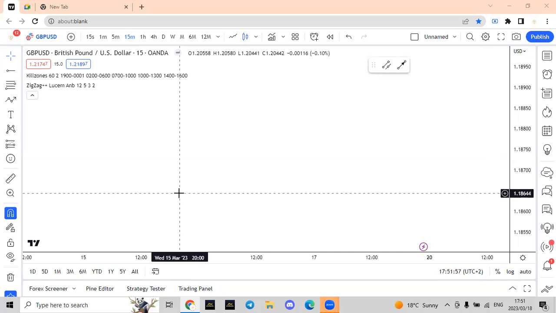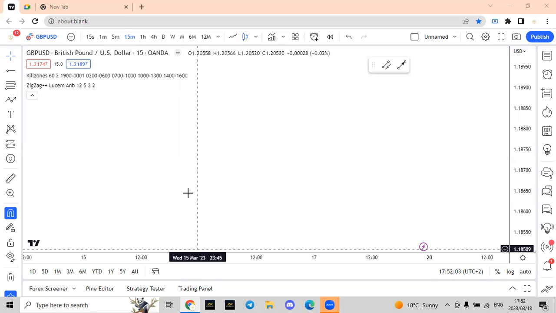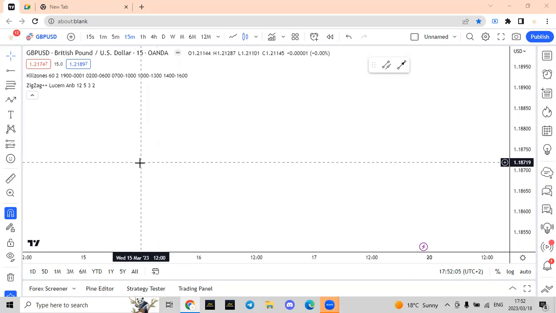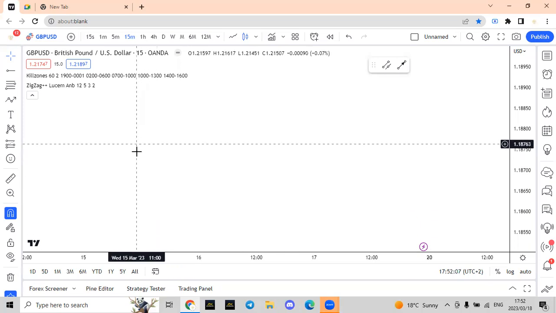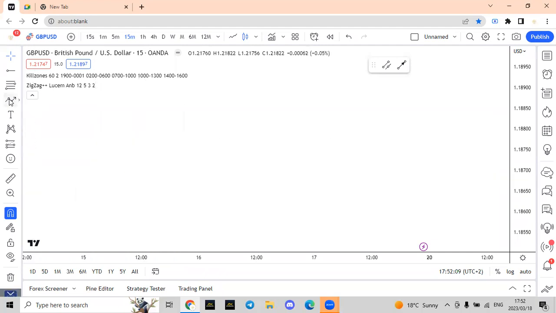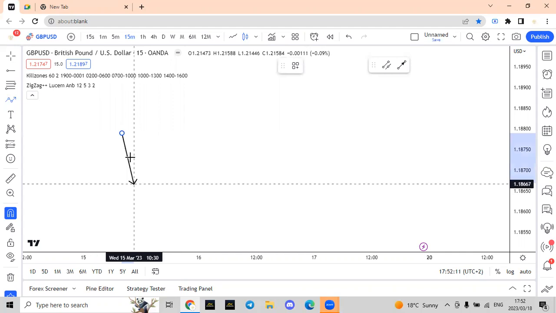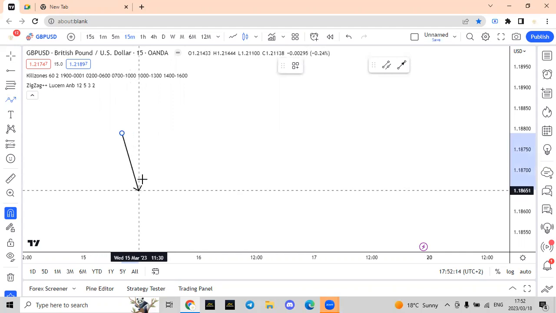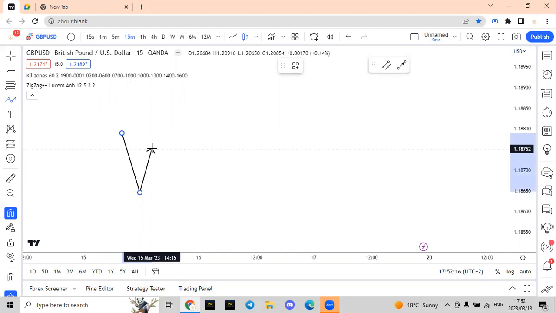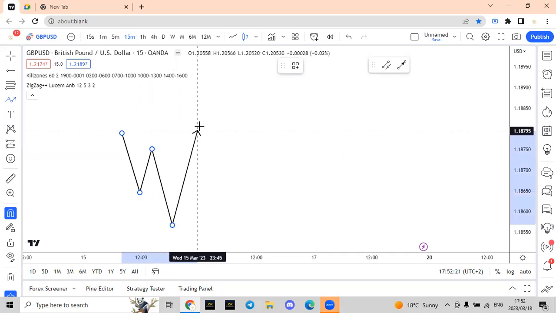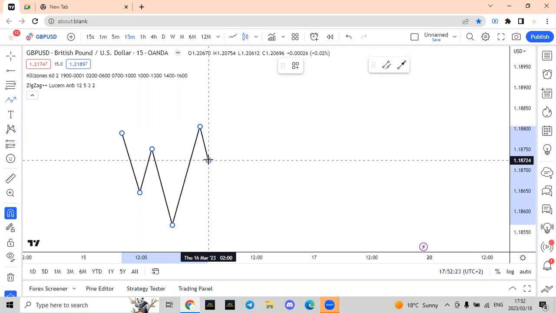So you guys know about strong lows and strong highs. If you don't know, what we consider a strong low is something like this. The market will create a low, a lower high, then a lower low, a break of structure, and a retracement.